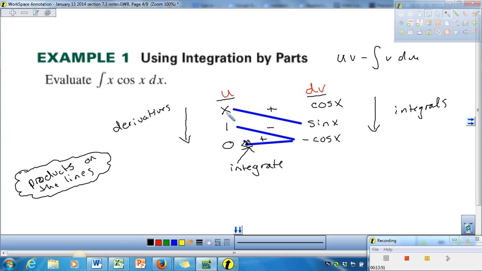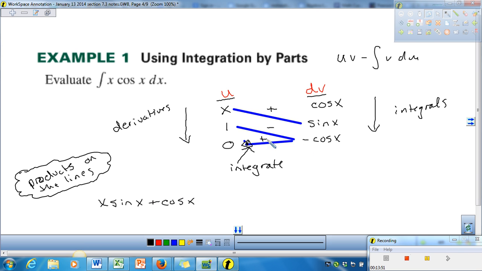So my solution is x sine x. We multiply the two ends of the line here, so x sine x. Then we will have the product of 1 and negative cosine x, and we have a negative here. Negative times a negative is a positive, so plus cosine x.